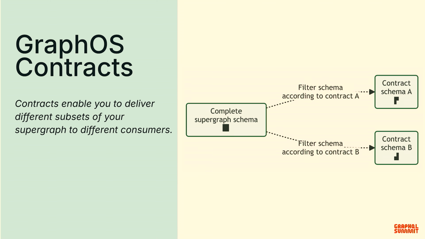So contracts is a GraphOS enterprise feature that allows us to deliver different subsets of our Supergraph to different consumers. And what this really means is that all subgraph schemas are published to a single and complete Supergraph schema. And what we can do with that is apply some filtering rules to then create what we call contract schemas.